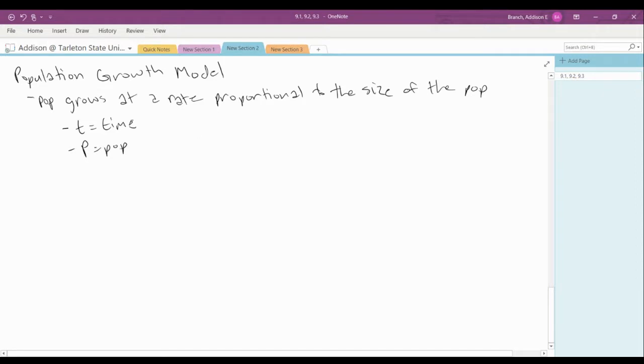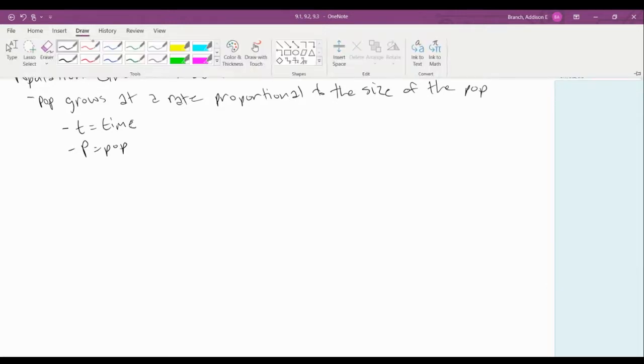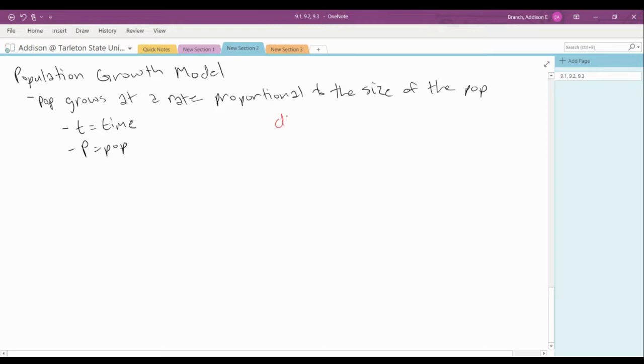If we think about this as an actual equation, the population grows at a rate. So our population growth rate could be defined as dp over dt, which grows at a rate proportional to the size of the population.